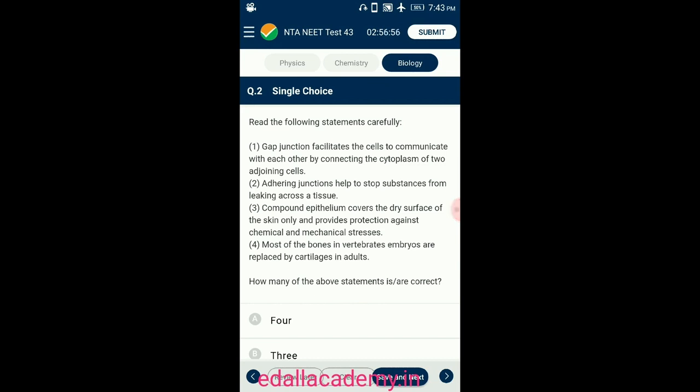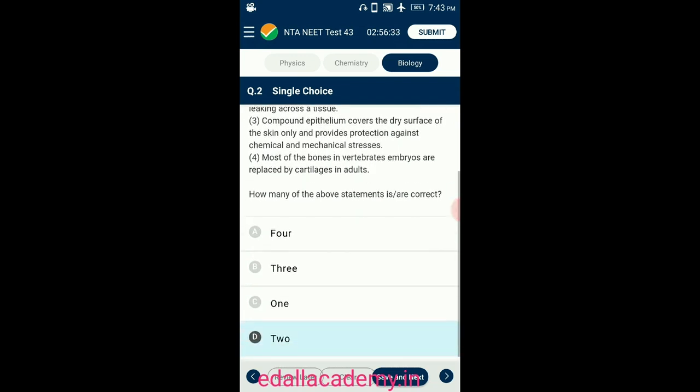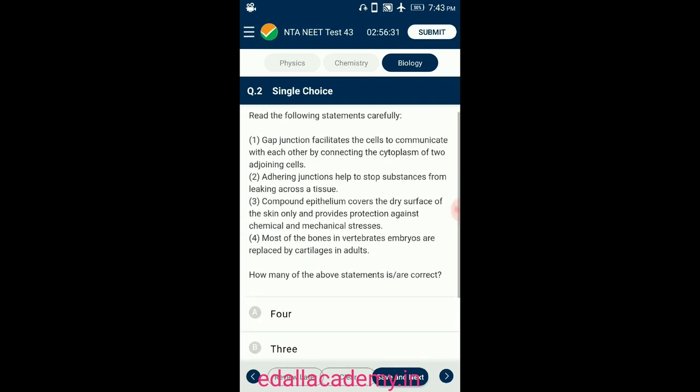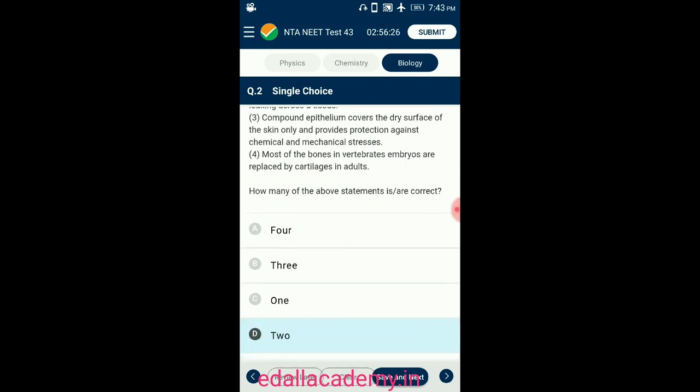Compound epithelium covers the dry surface of the skin as well as the moist surface of the buccal cavity, pharynx and inner lining of ducts of glands. In vertebrates, most of the cartilages present in the embryonic stage are replaced by bones in adults. So the answer for this question is option D, 2. From the given 4 statements, 2 statements are correct. So the answer for this question is option D.